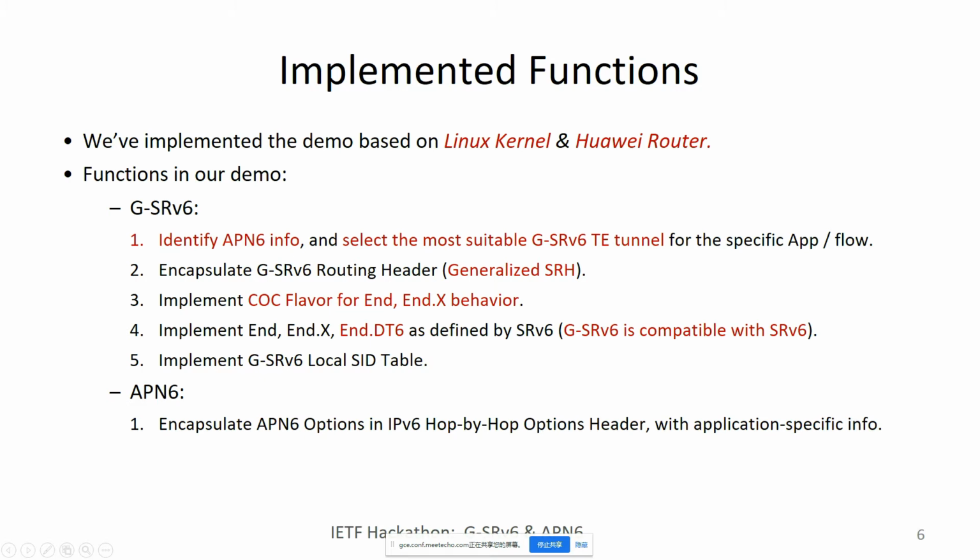In detail, for G-SRv6, we build a kernel module to identify APN6 information and select the most suitable G-SRv6 TE tunnel for specific application flows. After that, it can encapsulate the G-SRv6 routing header to packets. For APN6, we develop some functions to encapsulate APN6 options with application-specific information in the IPv6 hop-by-hop options header.